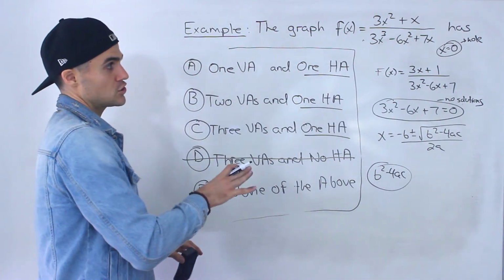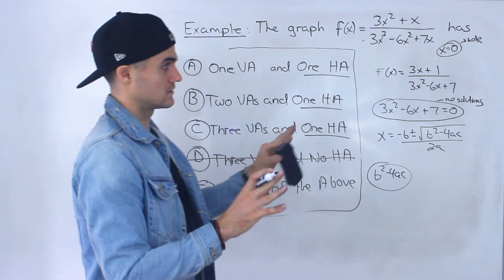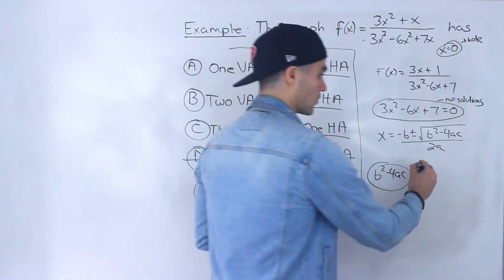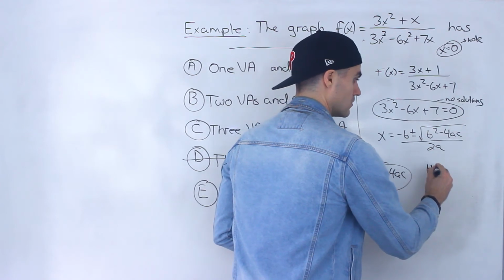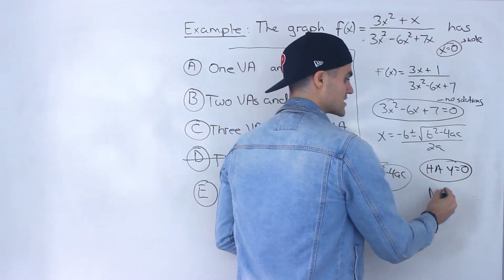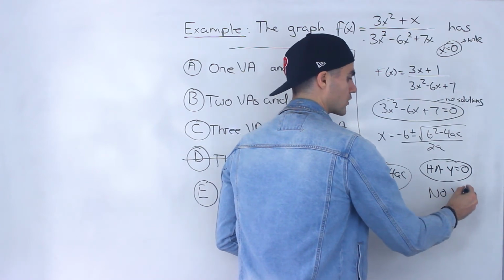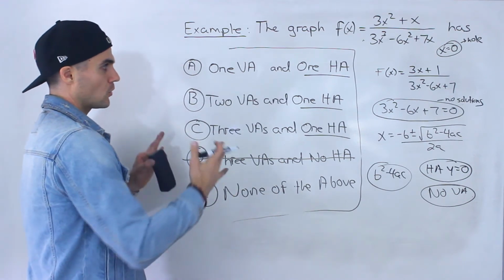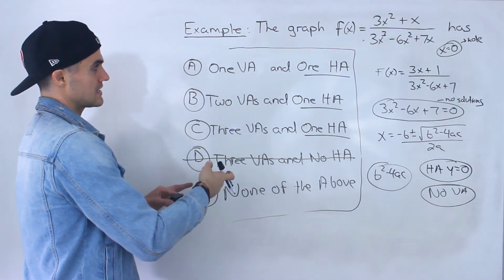And so as a recap, this function has a hole at x equals 0. It has a horizontal asymptote at y equals 0, and then it has no vertical asymptotes. And so going back to this, which one of these is it?